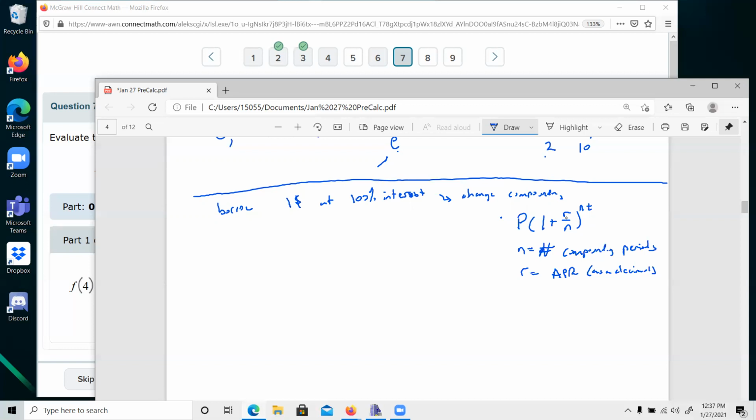If you get really, really big numbers and t isn't huge, then you should question that you made a mistake. And that mistake is going to be right there. You forgot to change this to a decimal. Unless you actually are working at a title loan company, your values here should be reasonable, you should not see excessive numbers.